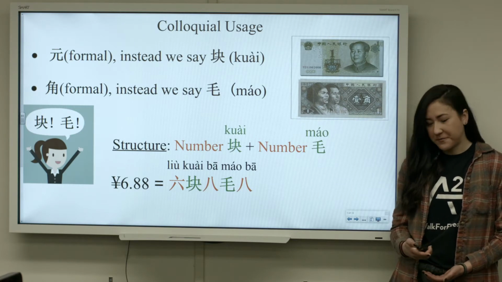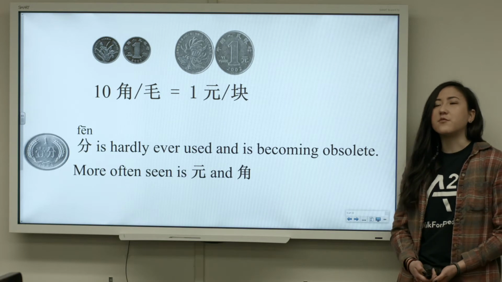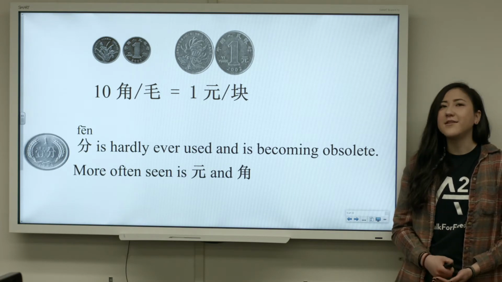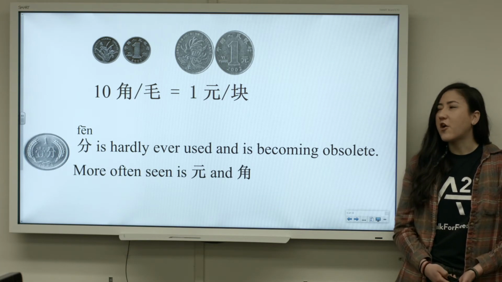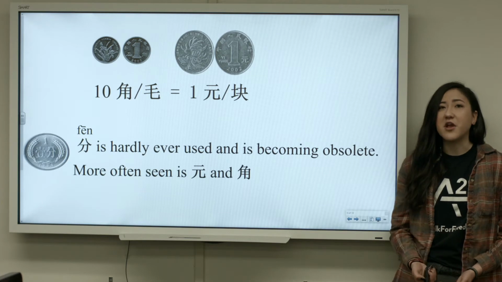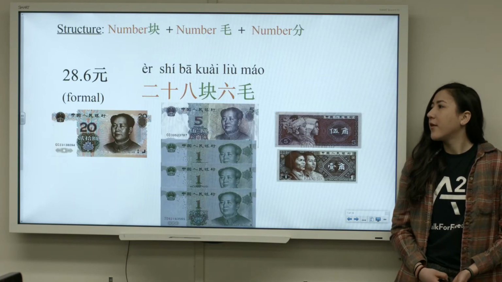So it's a lucky number. Just as 10 dimes equals $1 here in the US, 10 jiao or mao equal 1 yuan or 1 kuai. And also fen is hardly ever used and is becoming obsolete, so you'll usually just see yuan and jiao.